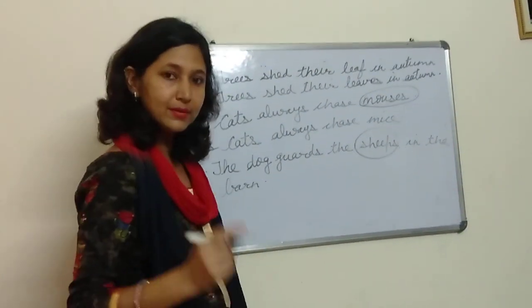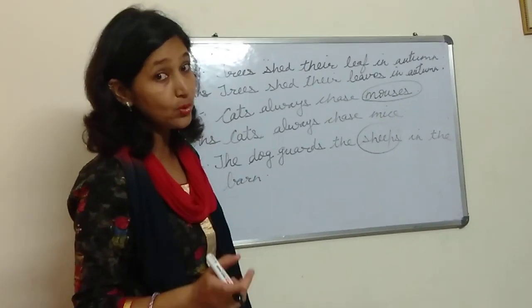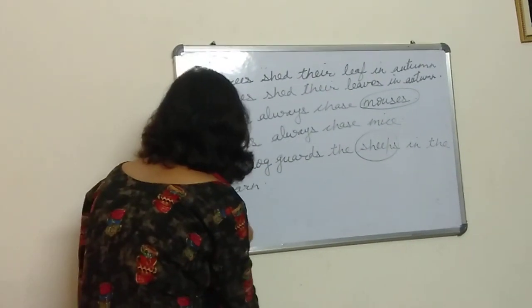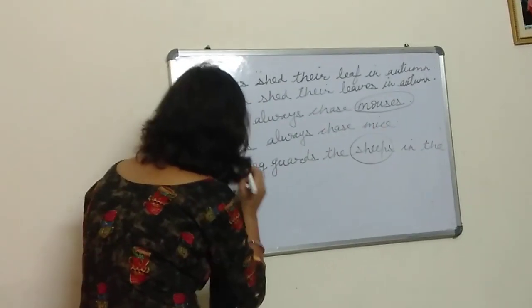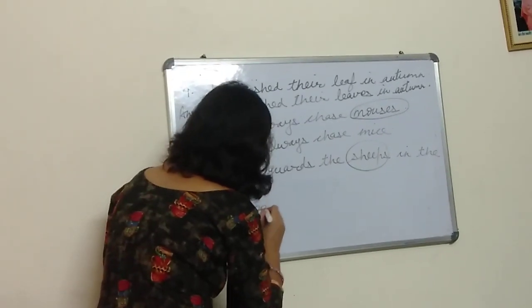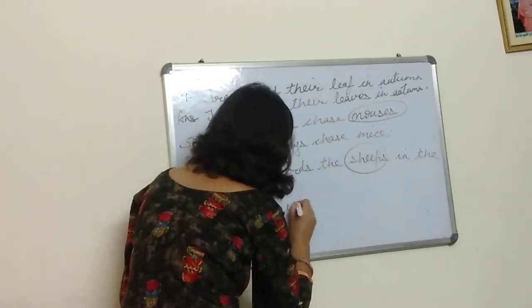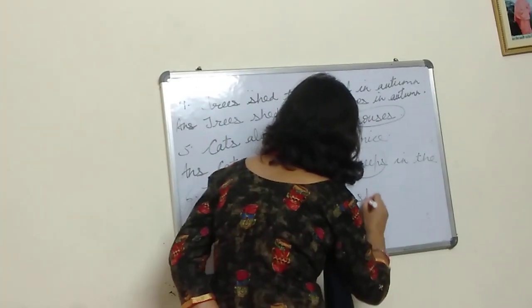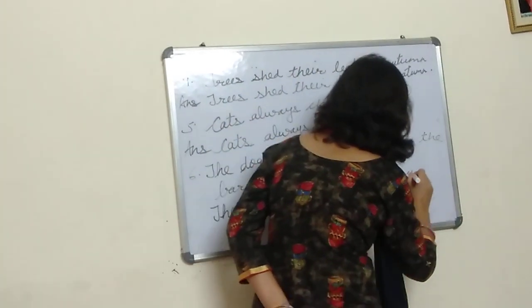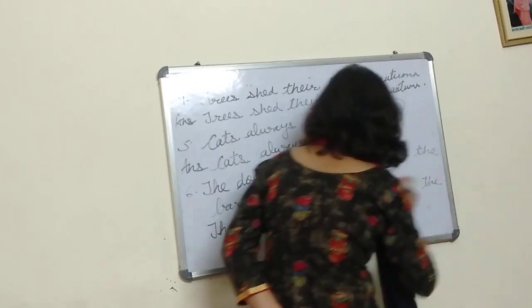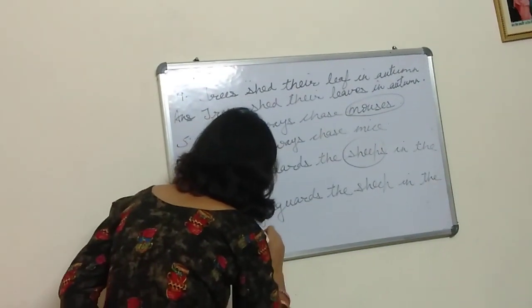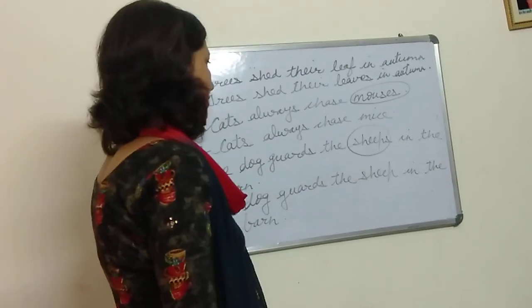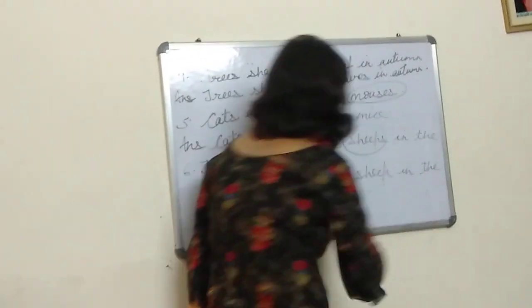I told you that the singular is also sheep and the plural is also sheep. So what is the correct noun? The dog guards the sheep in the barn. So this is the correct plural.